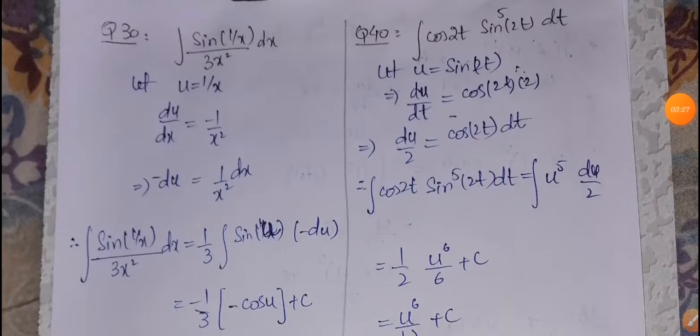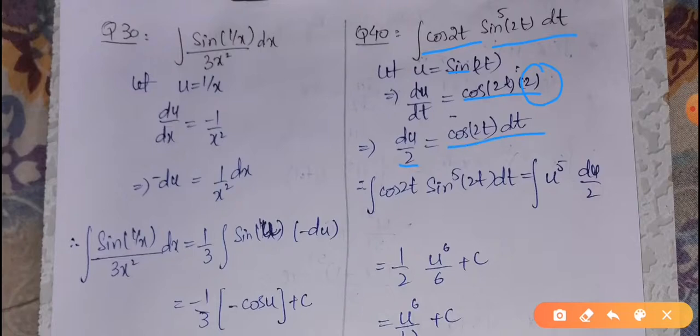Next we have question number 40 from the exercise, integral of cos 2t sine raised to the power 5 2t dt. So here I am going to take u to be sine 2t, so that du by dt will be equal to cos 2t into the derivative of the angle, that is 2. So du by 2 will be equal to cos 2t into dt. So the integral is going to be u power 5, this sine raised to the power 5 is going to be u power 5, and cos 2t dt will be equal to du by 2.